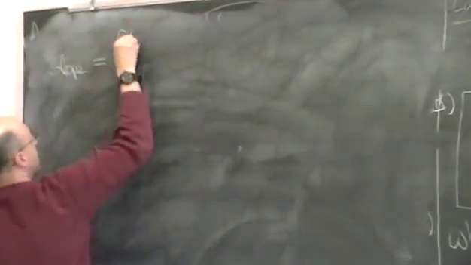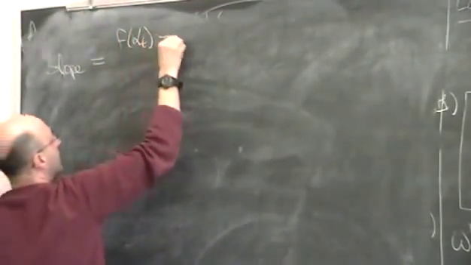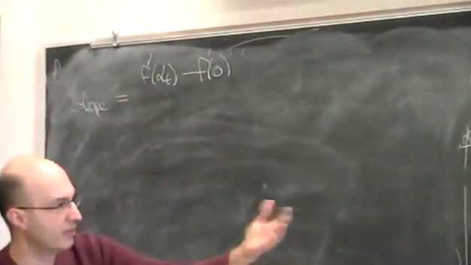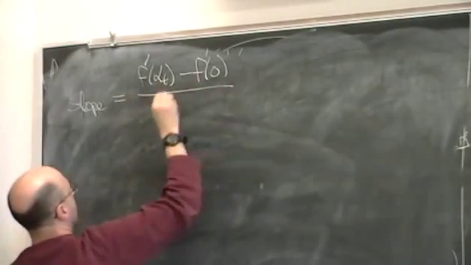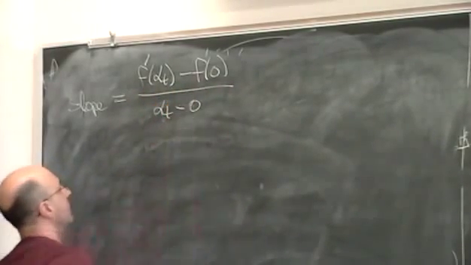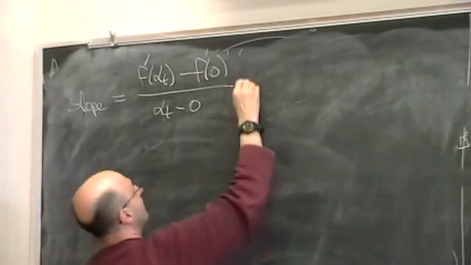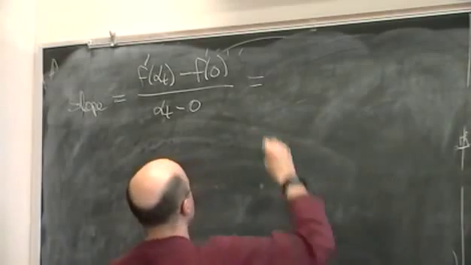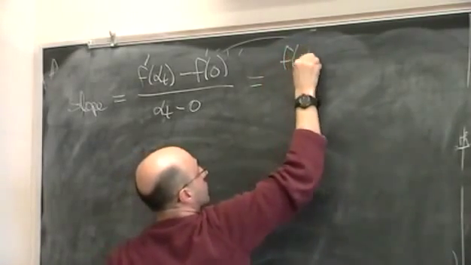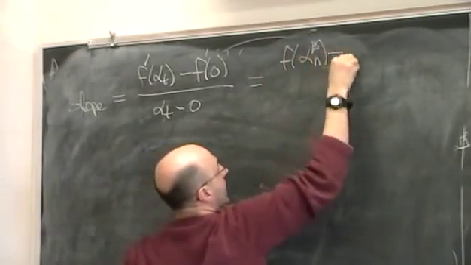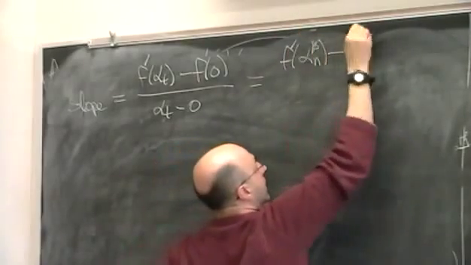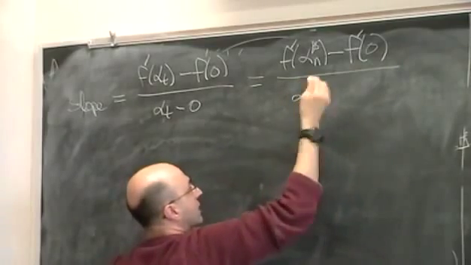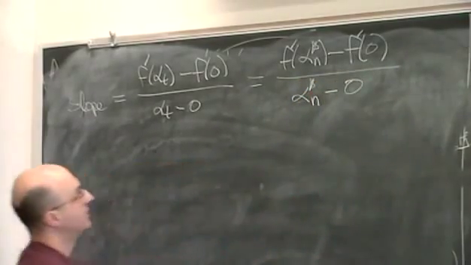We know the slope would be f prime at alpha trial minus f prime at 0, because we're looking at the derivative function, divided by the change in the x-coordinate. And that should then equal the difference at the point where I want some information, f prime at the solution point minus f prime at 0, divided by the solution point, which I wish I knew, minus 0.